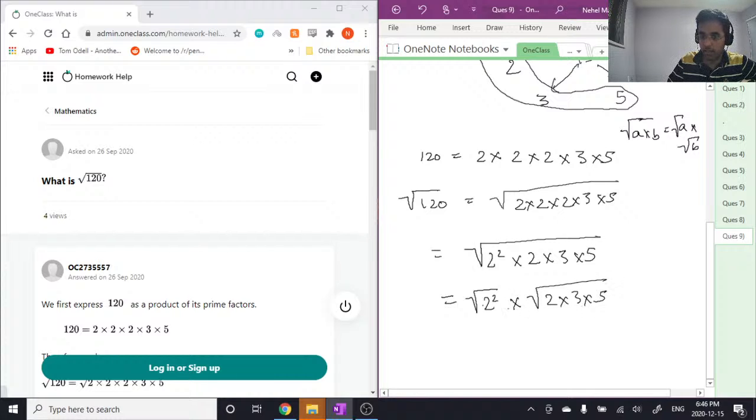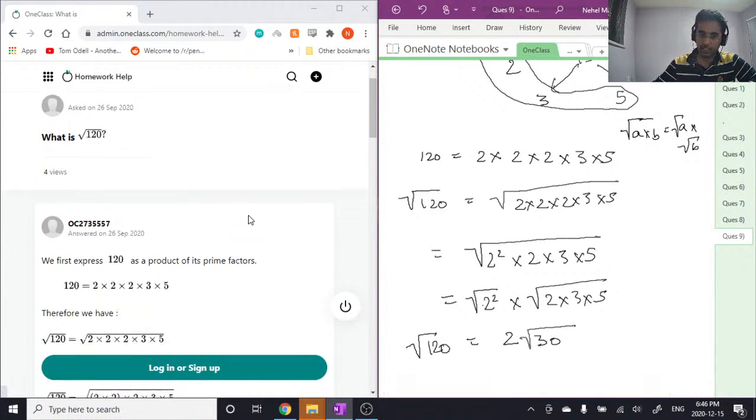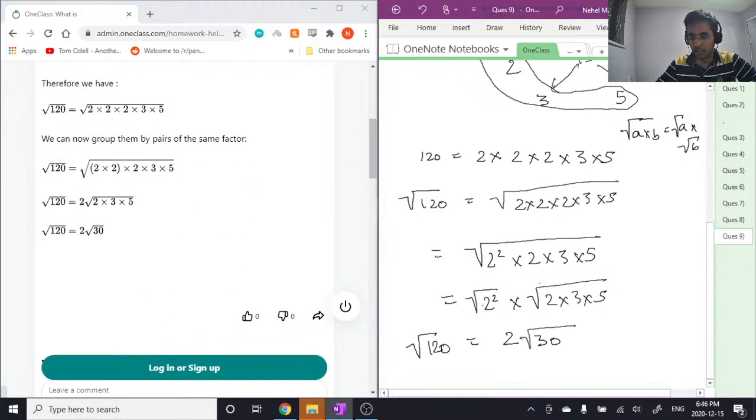Under root of 2 squared is nothing but 2, so we're left with 2 times, and then there's no further pairings here, so we'll have to use it as is. So this is equal to 30. So under root 120 is equal to 2 root 30. And then this would be considered the radical form, as it cannot be simplified any further.